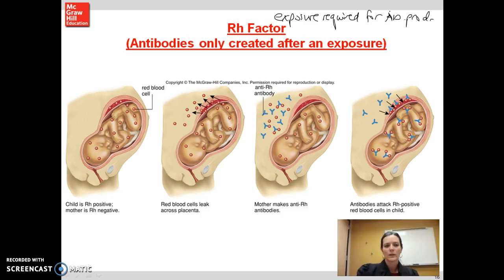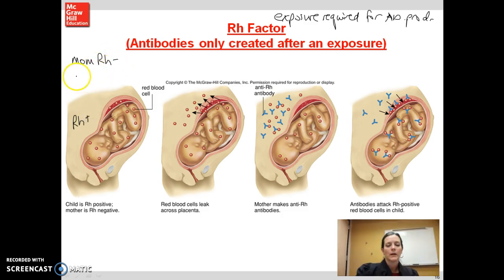So here are a couple of things that are important to know. This is a scenario that matters a lot when we have a mom who is pregnant with a baby, but it's only if the mom is Rh negative and she happens to be carrying an Rh positive baby. Here's the reason why.